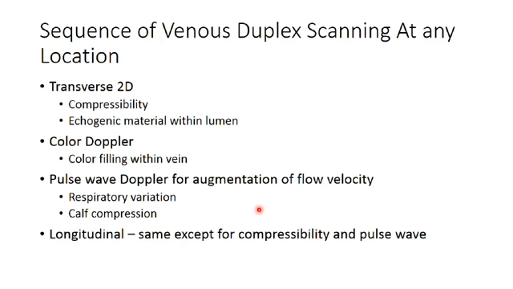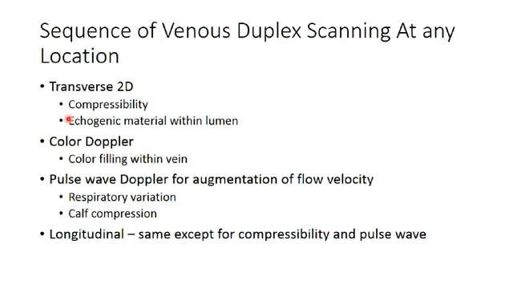Finally, you rotate the probe longitudinally, and you do all of these, but you don't look for compressibility, and you don't look for the pulse wave. You don't look for compressibility mainly because with the longitudinal orientation of the probe, the pressure may not be transmitted completely to the vein, and you may not be able to demonstrate full compressibility, and that doesn't mean anything.